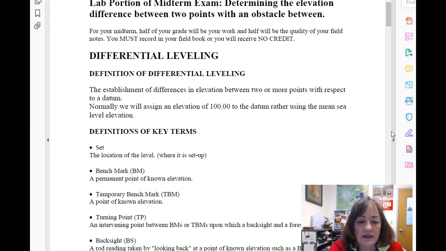So we'll assign a 100.00 elevation to our first benchmark, determine the elevation of our second benchmark, and then come back and redetermine the elevation of our first benchmark, which of course should be 100.00 feet in a perfect world. We're also going to incorporate some of the ideas of error theory, because if your numbers are not perfect, which they probably won't be, we'll decide if they're good enough for the job. Good enough for government work is the phrase that came to mind, but if it's good enough for the work.